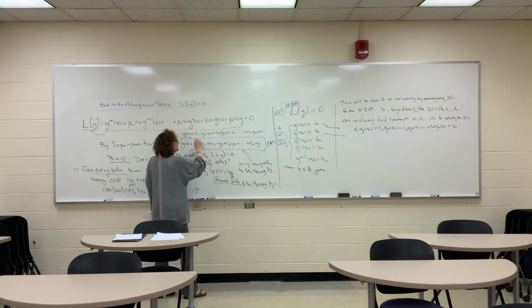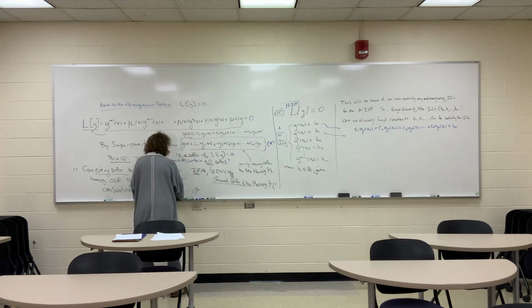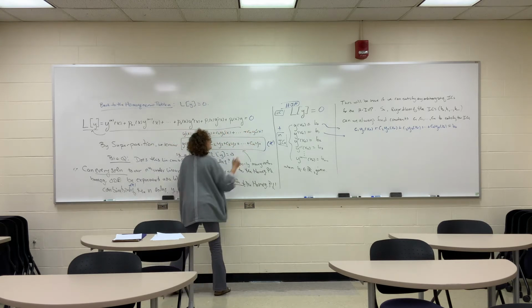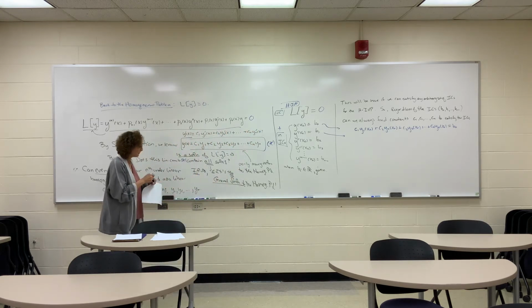They distribute across sums and constants pull out. So the derivative is just c1 y1 prime plus c2 y2 prime all the way out to cn yn prime.